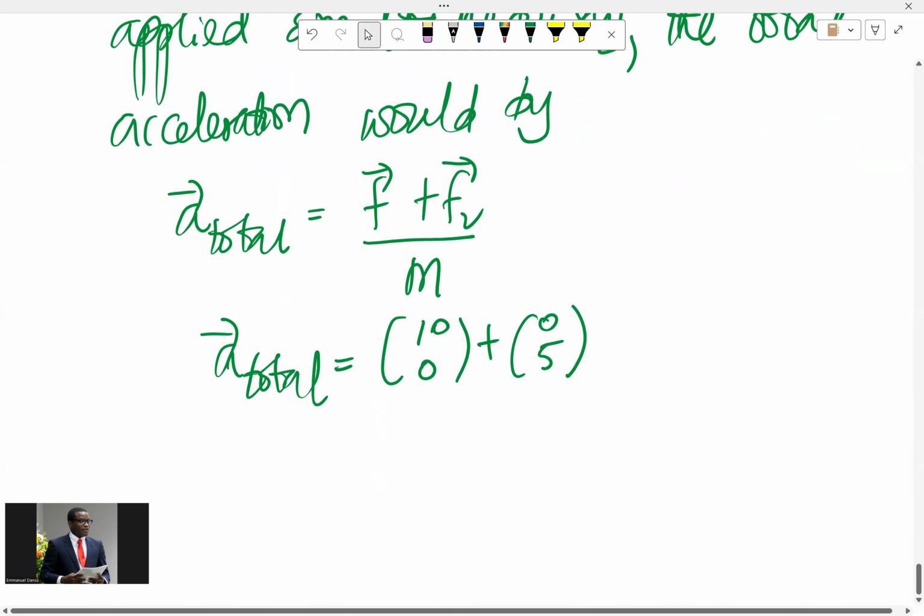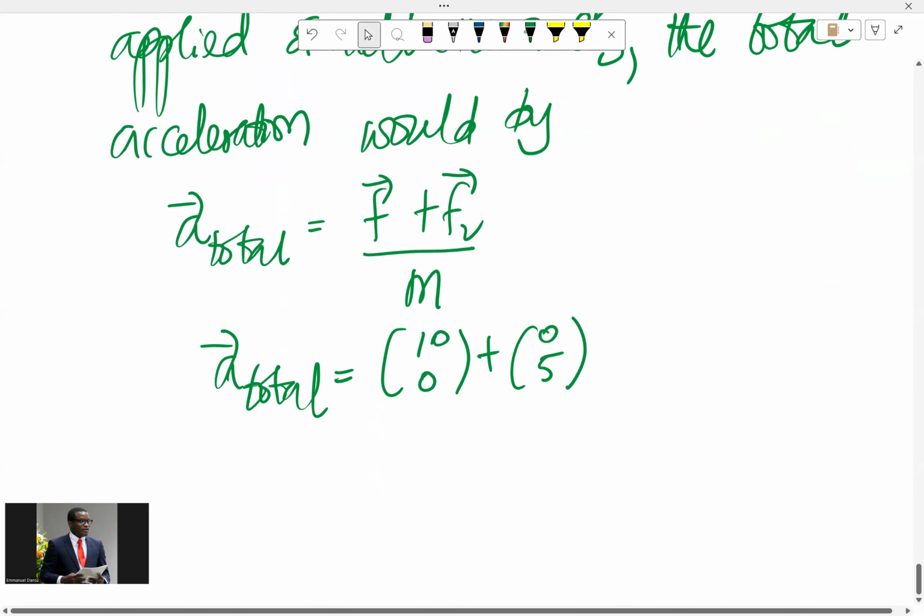So we can add component by component, and we are dividing by 2 kilograms. So A total here now is (10, 5) divided by 2, that is half of (10, 5).